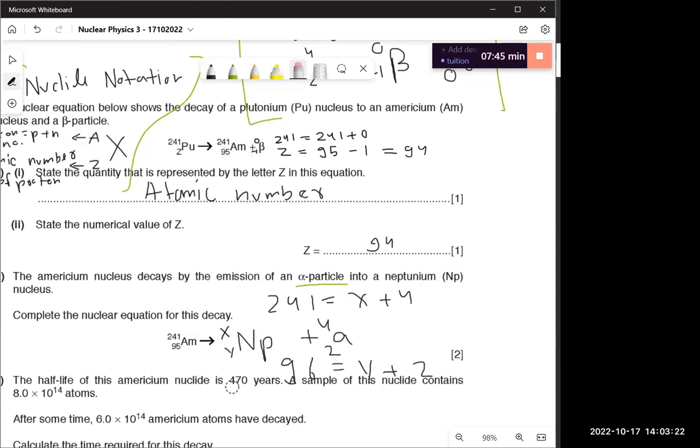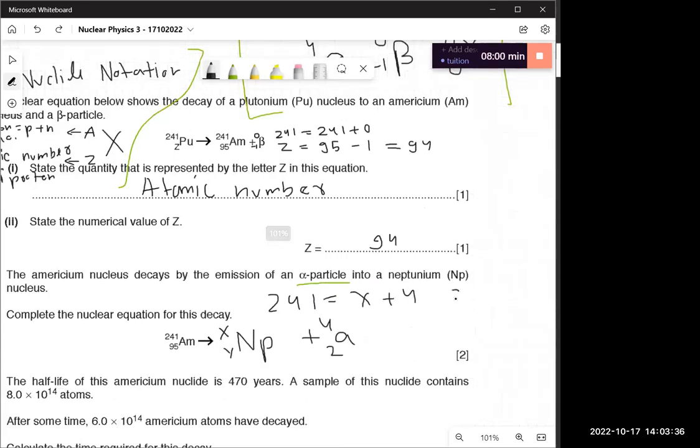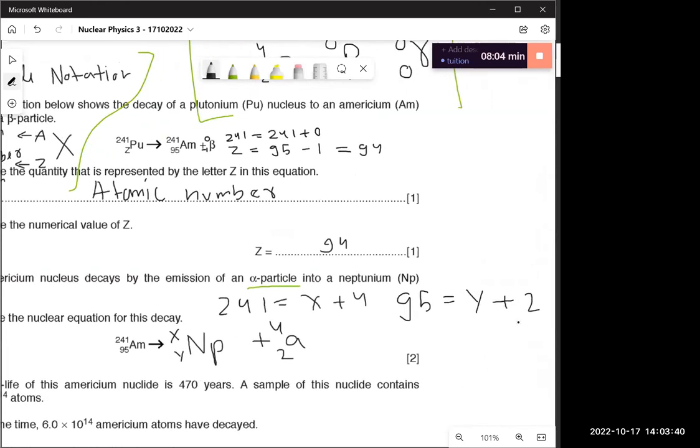We write the nucleon number and atomic number for Np as X and Y. We can form two equations: 241 is X plus 4, and 95 is Y plus 2. Tell me the values for X and Y. Quick.